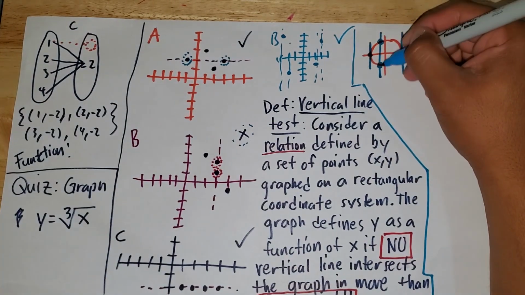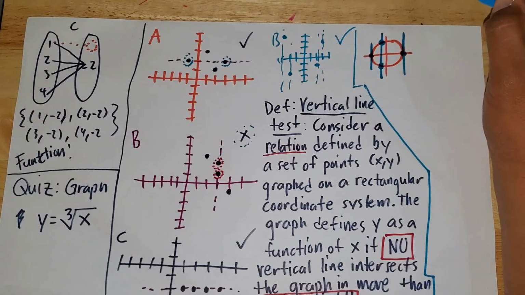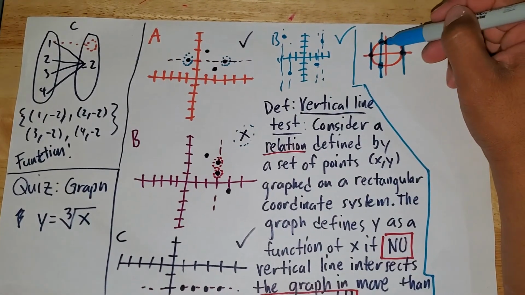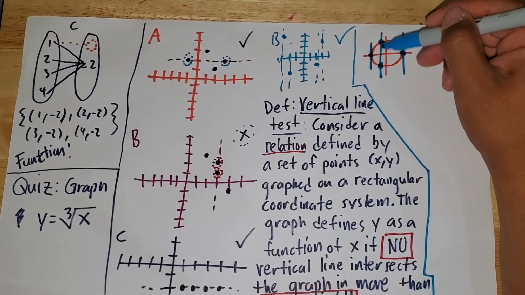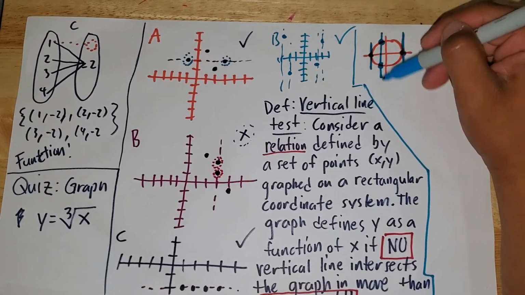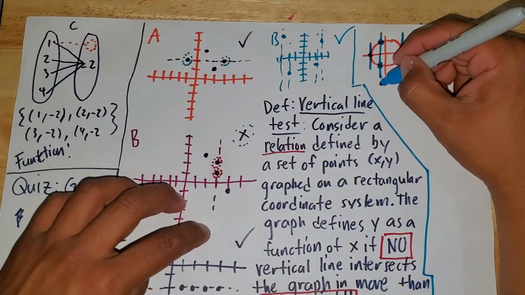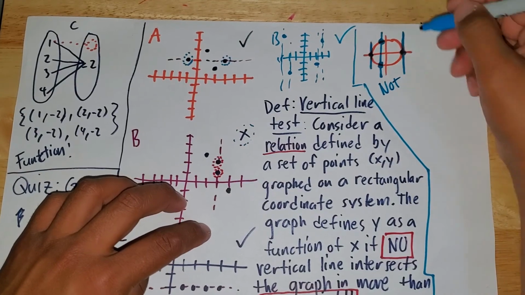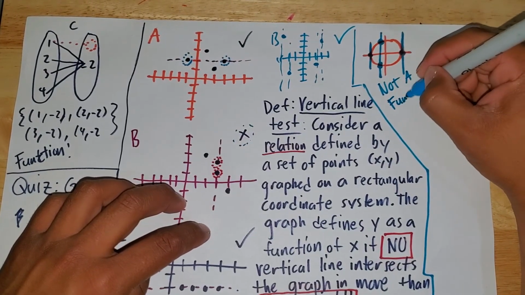Because here I cross the circle, and again, 2.2 is about circles, and I'm going to bring it back when we look at chapter 7. But looking at these two, now we cross the graph more than once. We intersected it more than once. Hence, this will not be a function. Not a function.